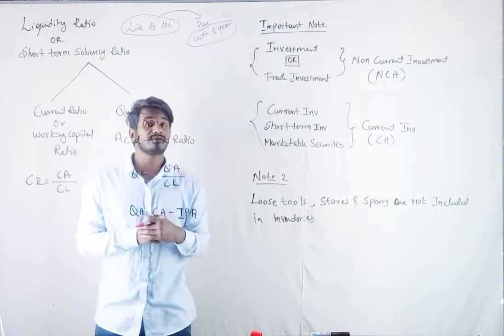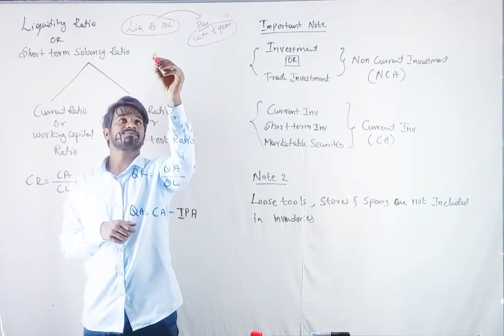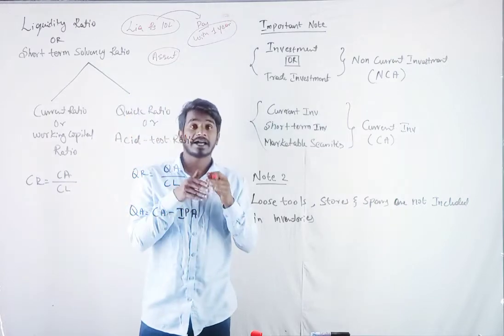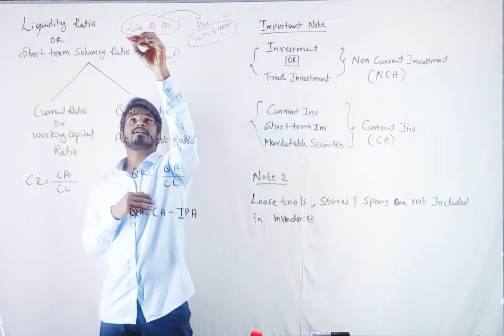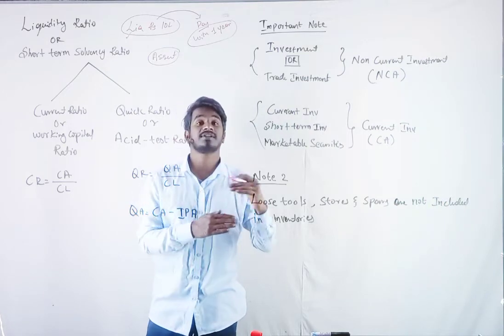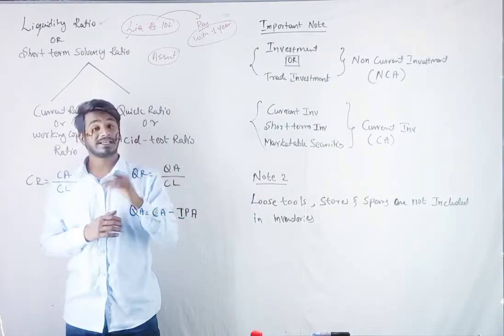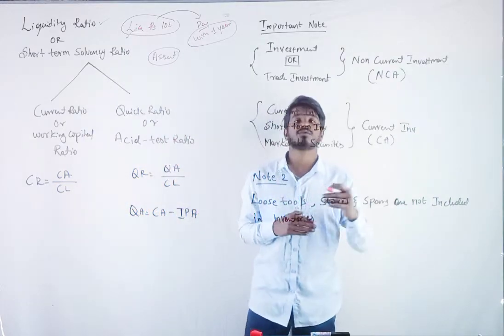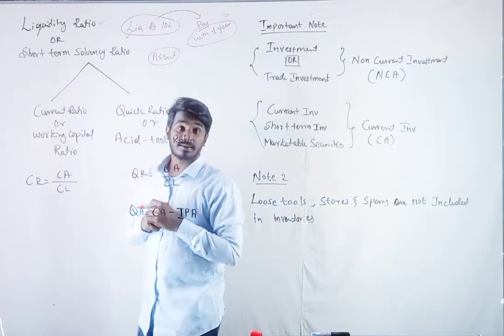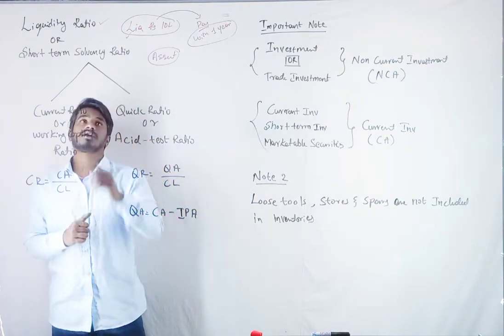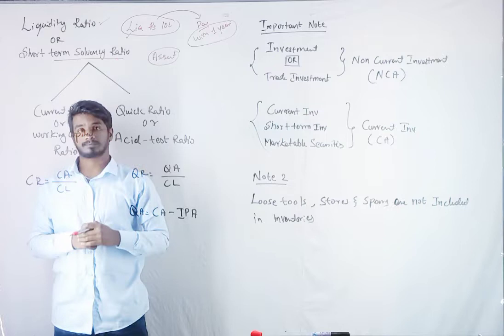For that, what you will see is assets: how much asset I have for repayment of liability within a year. That is called liquidity ratio. If I want to pay my liability within 1 year, how much can I pay? That is called liquidity ratio or short-term solvency ratio.